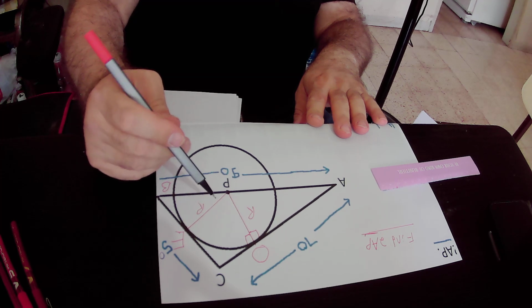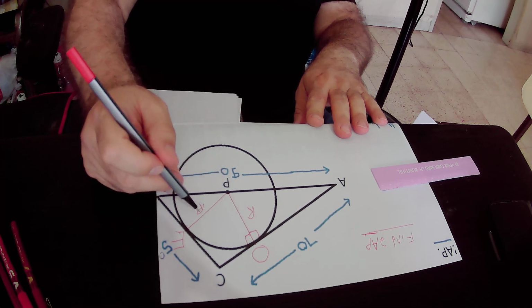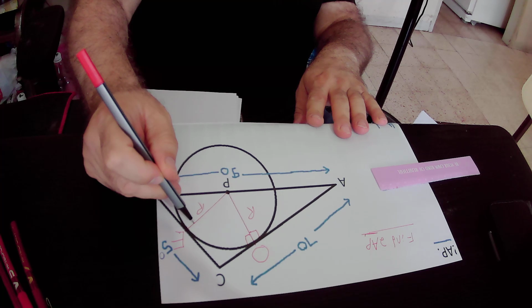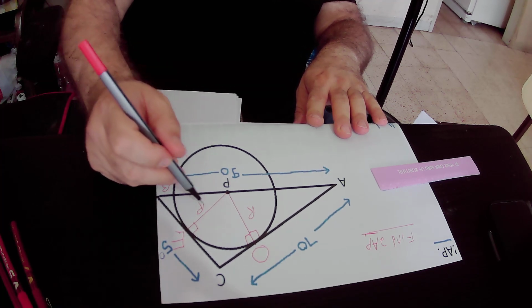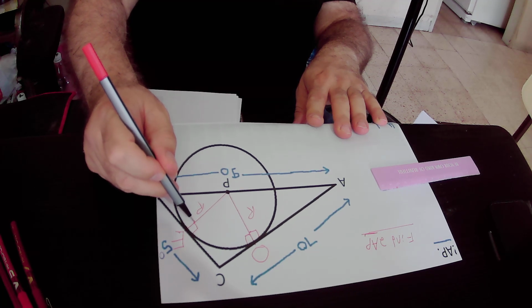That is to say, angle PEC equals 90 degrees, and angle PEB also equals 90 degrees.